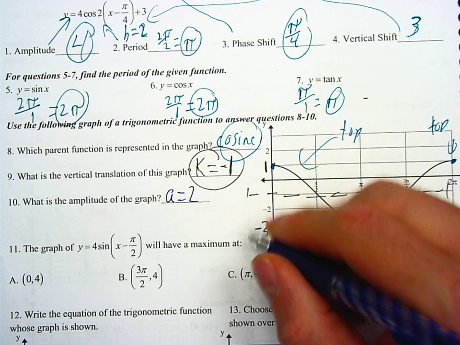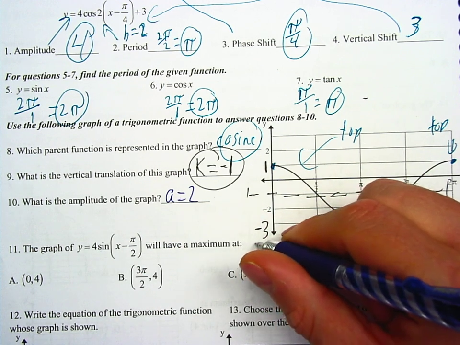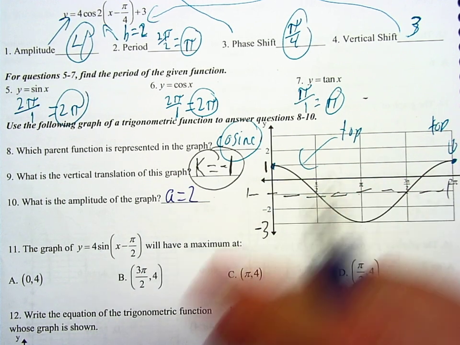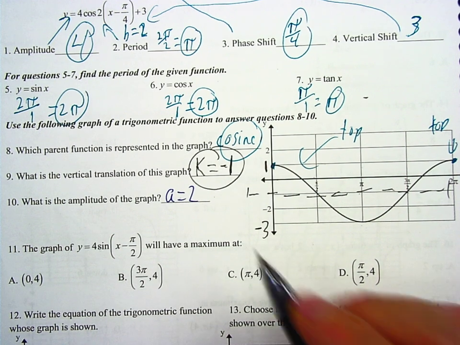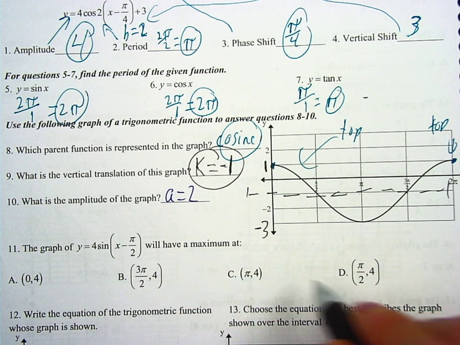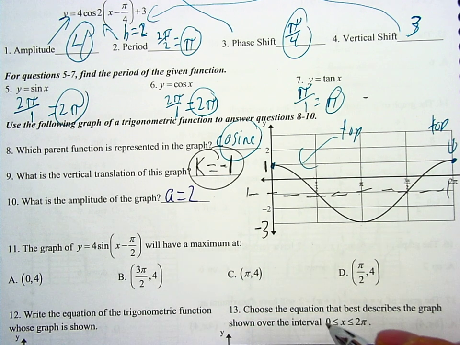So again, our maximum is going to be at h comma k plus a, or it's going to be k plus a, my y value. So these all have a y value of 4. All of these options have a y value of 4. So that really doesn't help me.